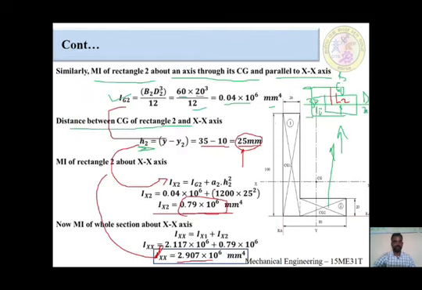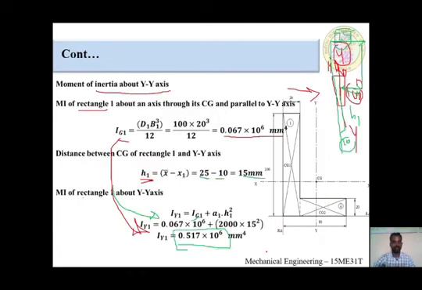Same thing we have to do for rectangle 2. After calculating this, Ix1 plus Ix2 gives the whole moment of inertia about the x-axis. After doing these two things, we solve the moment of inertia about the y-axis. Individually we calculate rectangle 1 and rectangle 2, the same as what we solved for the x-axis. We calculate Ig1 and H1, put these values in the parallel axis theorem, and get Iy1.